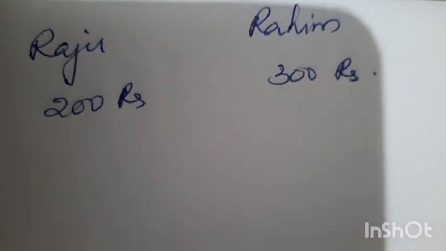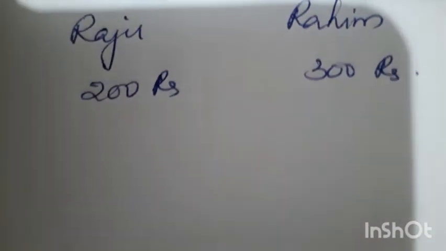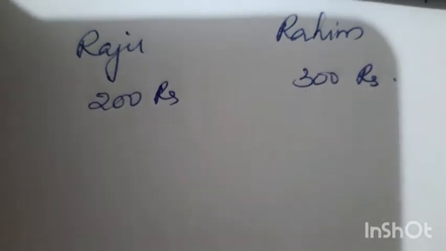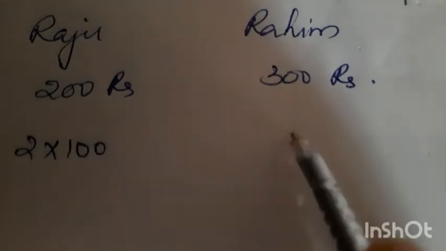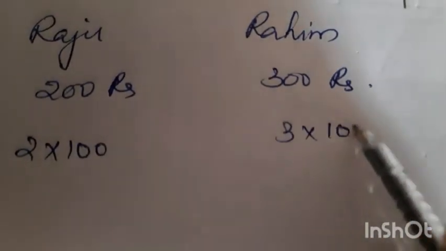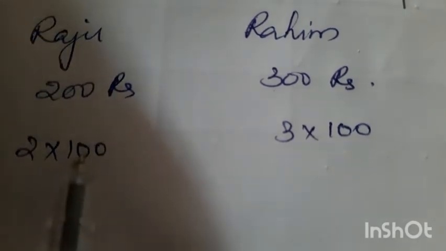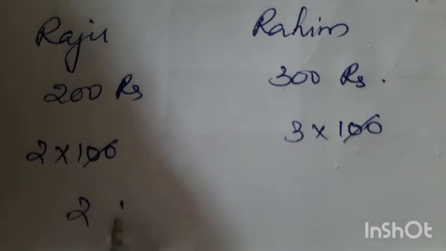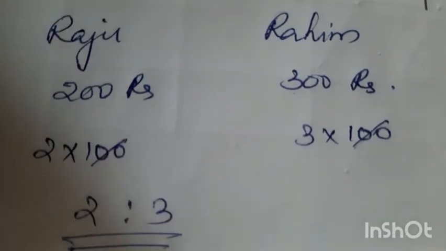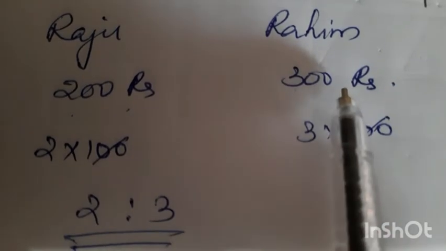Remember that both have the same amount of 100 rupee notes. Raju had 2 hundred rupee notes and Rahim had 3 hundred rupee notes. So you can write the ratio as, if you cancel the 100, the common number, we will get 2:3.